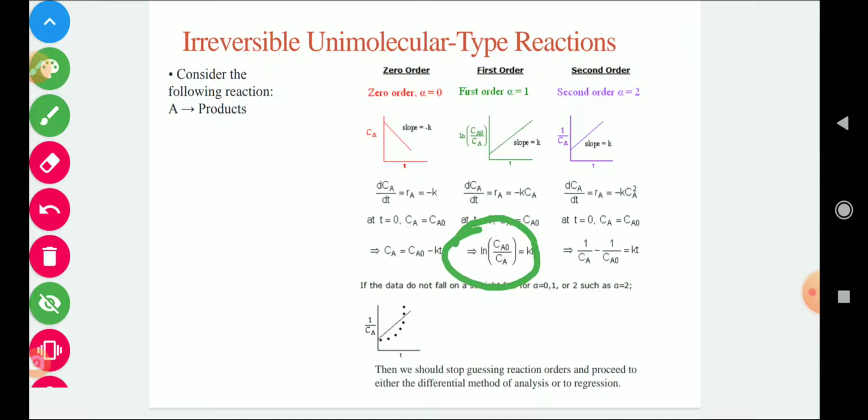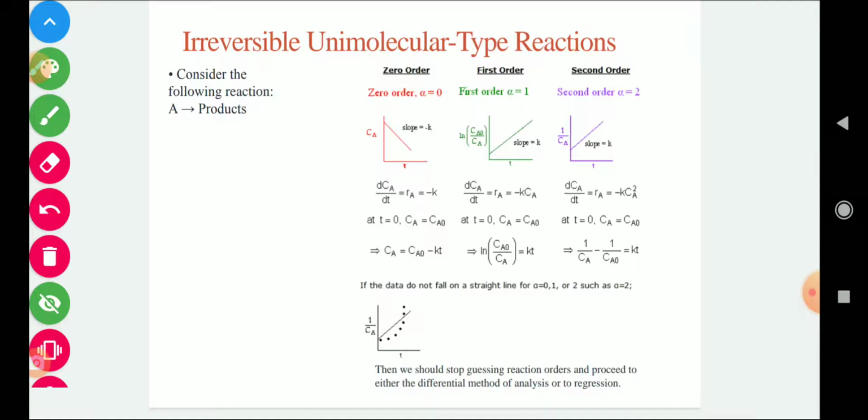And if we plot ln CA0 upon CA versus t, we get this graph having slope equal to k. If it gives a straight line, it means our assumption is correct and the reaction is following first order kinetics, and from the slope of the graph we can calculate k. But if it again does not give a straight line, it means our assumption is wrong.